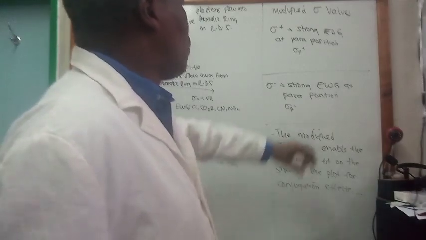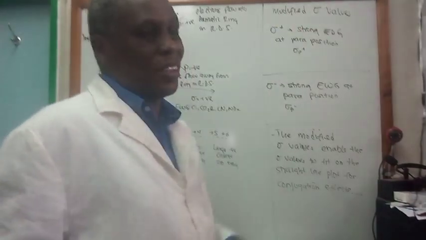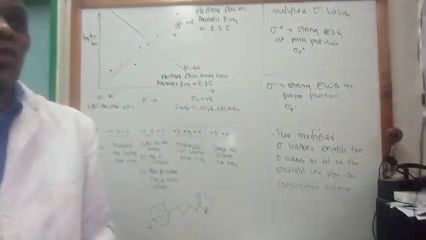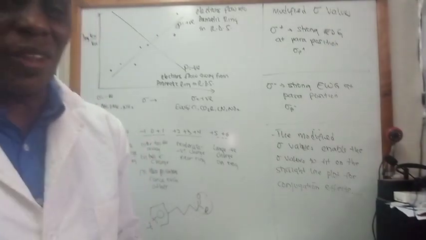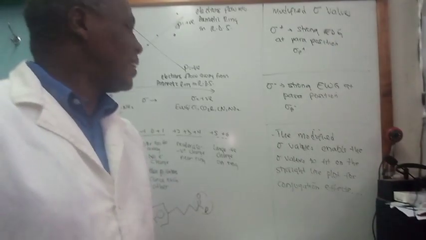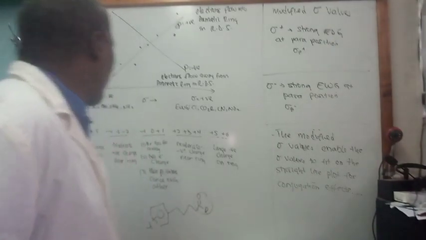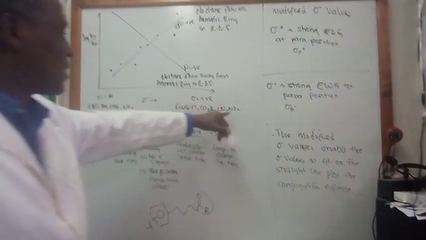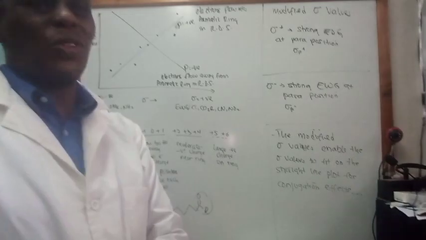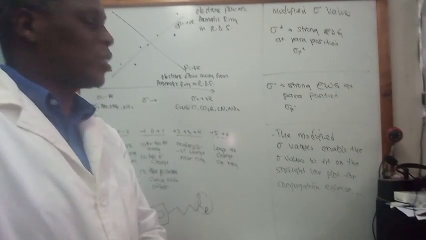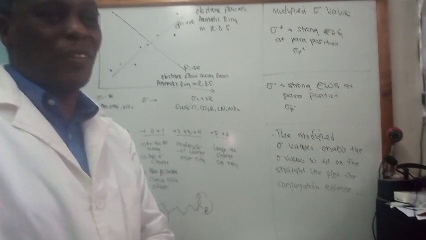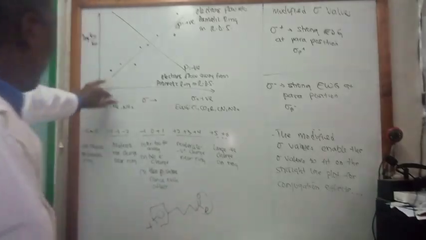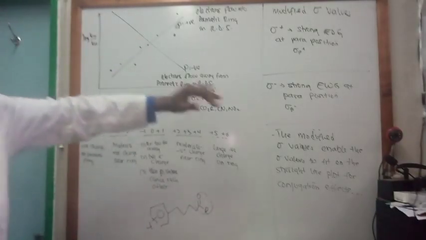So they developed modified sigma values. That means that if you apply that correction, then for something like the nitro group or amino group, which have those conjugation effects, if you use those modified sigma values, then the value is going to fit directly on the plot.